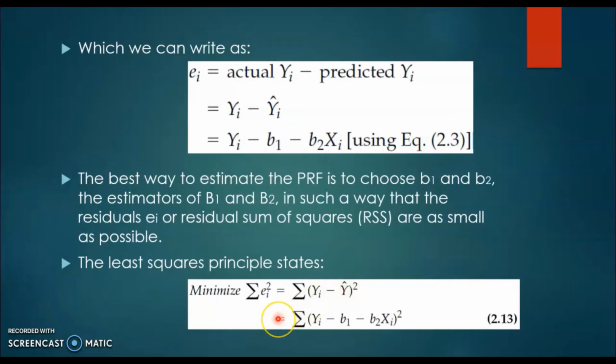And it is also equal to the sum of squares of the actual y minus b1 minus b2 xi. So this is referred to as equation 2.13.